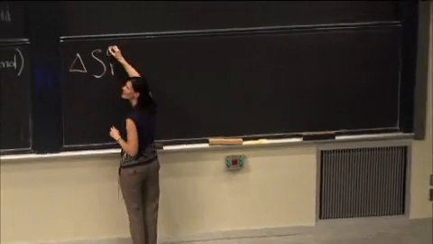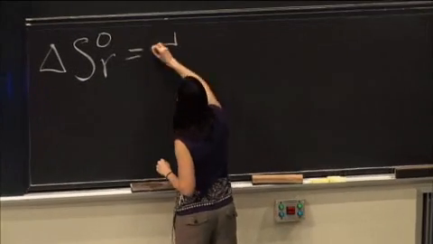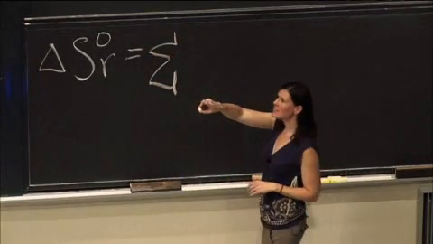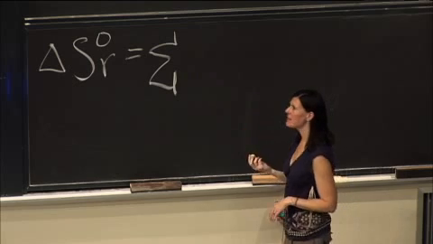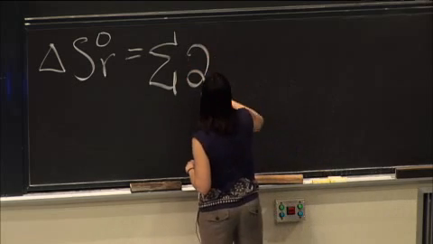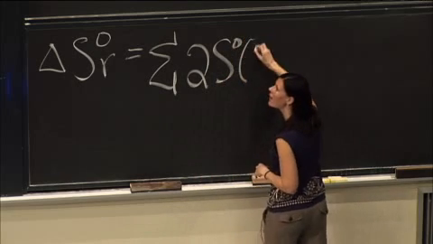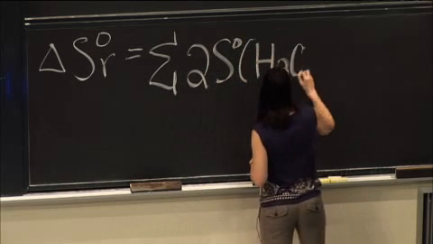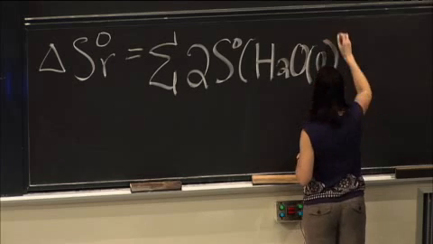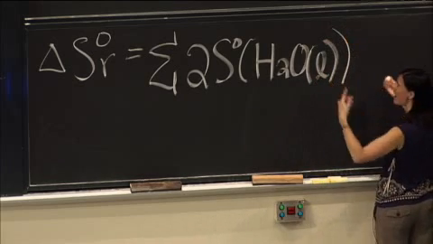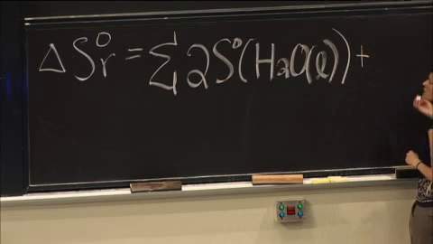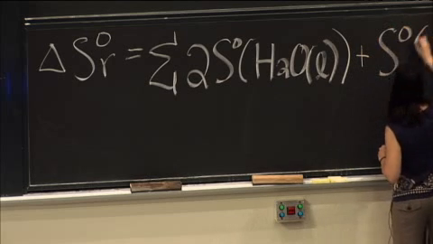So we're going to talk about delta S of the reaction. That's going to be the sum of the entropy of the products. So we're talking about 2 times the entropy of water. And we'll add to that our other product, which is molecular oxygen.